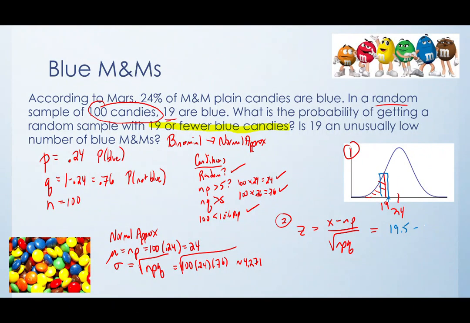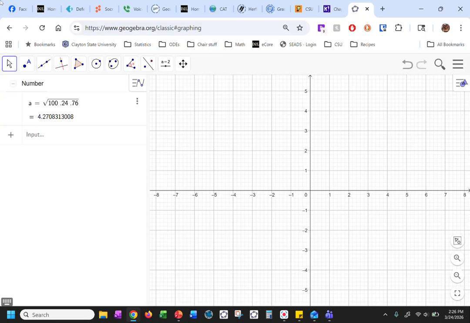We already know NP rather is 24, and square root of 100 times 0.24 times 0.76. All right, so we're going to put that into GeoGebra, calculate our z-score.